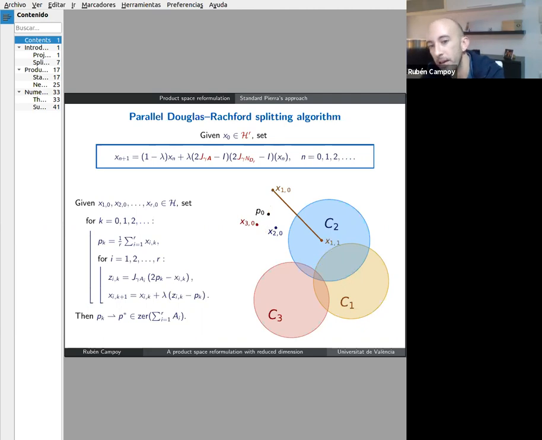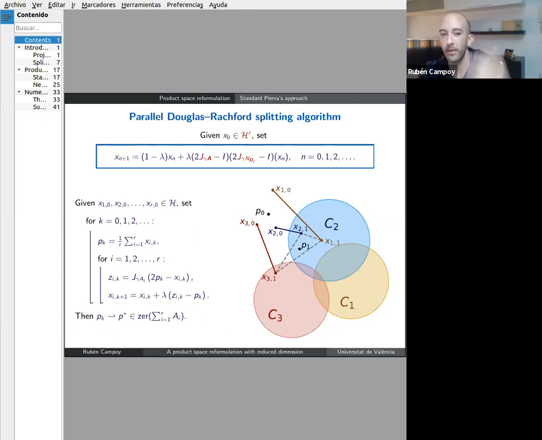And this is the x update. We repeat with respect to x2 and define the new step, and the same for x3. So reflection, reflection, middle point. Then we restart the iteration and we compute p1 as the average of the 3 new points.